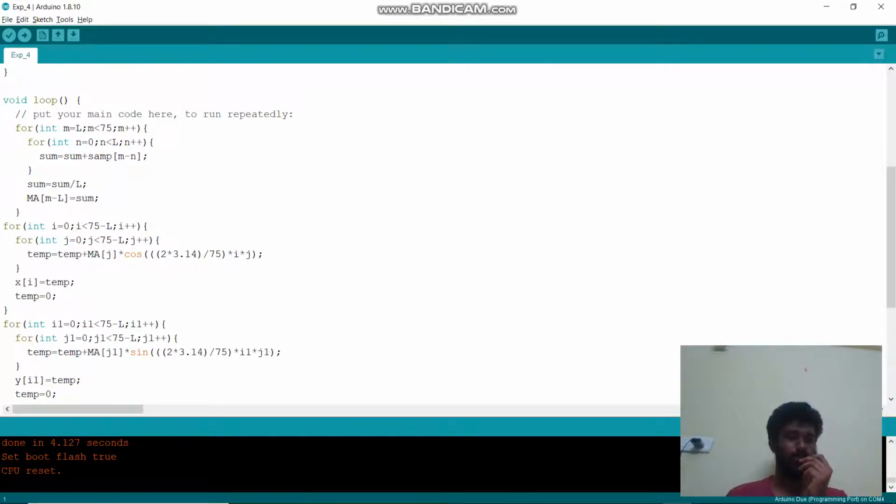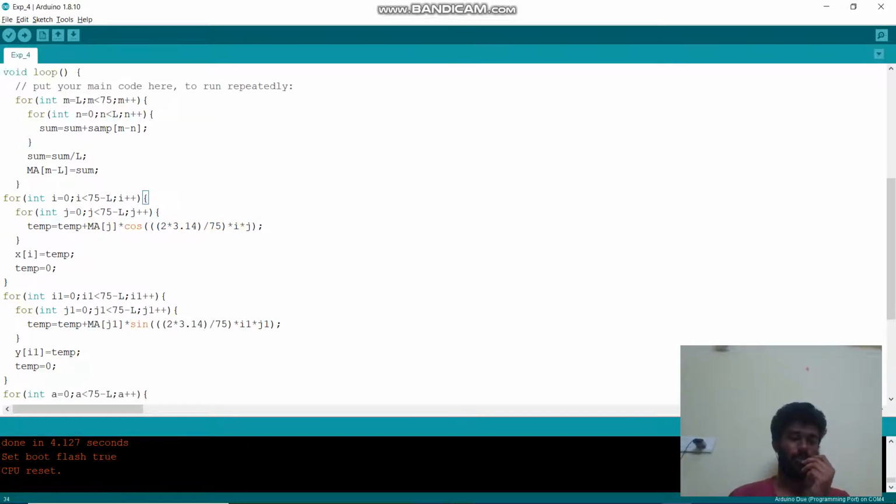Then this is the code for the real part of the discrete Fourier transform, and this is the code for the imaginary part. You can see there are cos terms here, so this is the real part, and the sine terms, so these are the imaginary part.